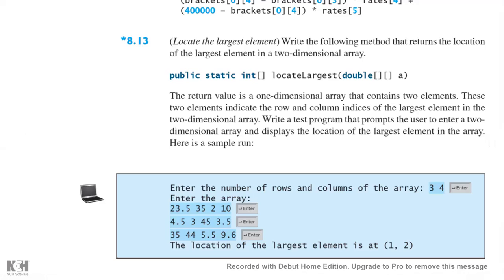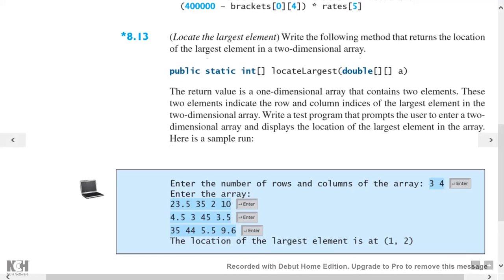Basically, we locate the largest element. We have to write a method that returns the location of the largest element in a two-dimensional array. Return the value in a one-dimensional array that contains two elements.